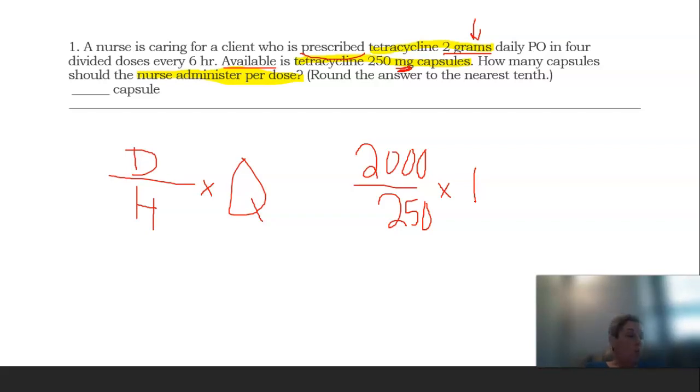Okay. So you put 2,000 in your calculator divided by 250. And that's going to tell me eight.